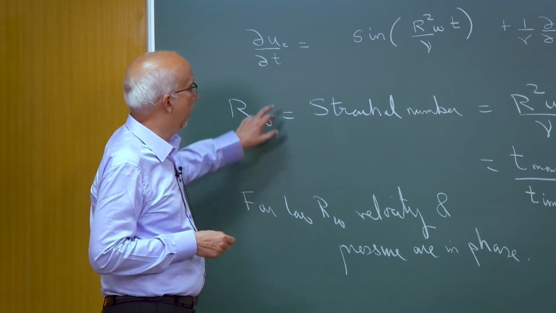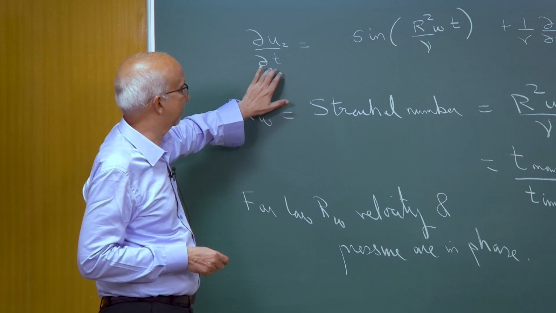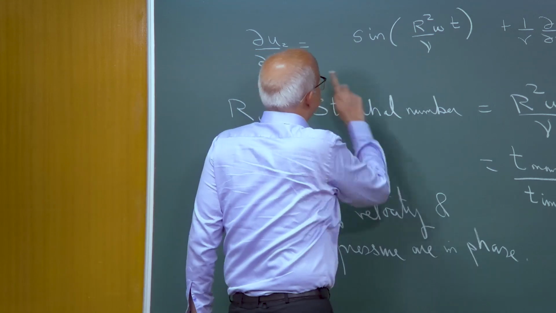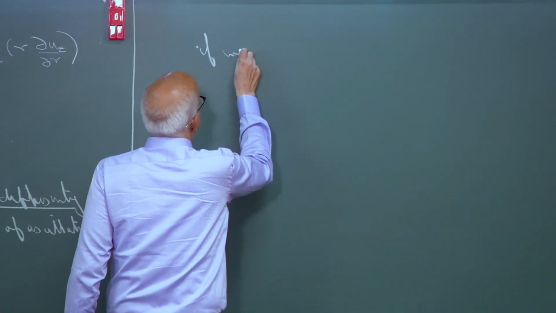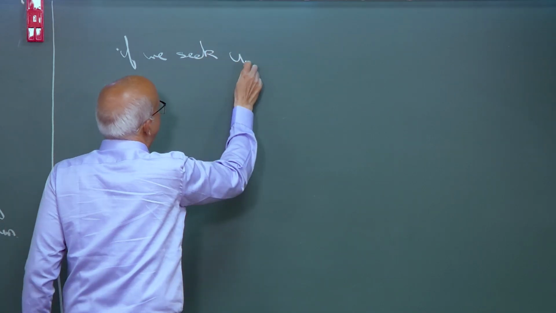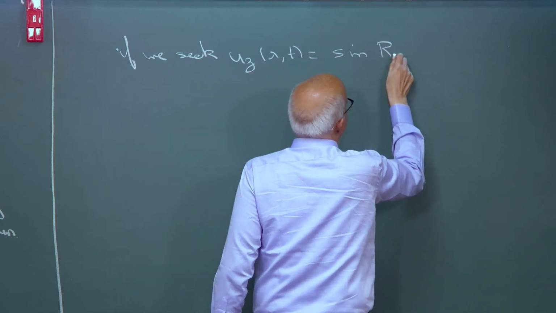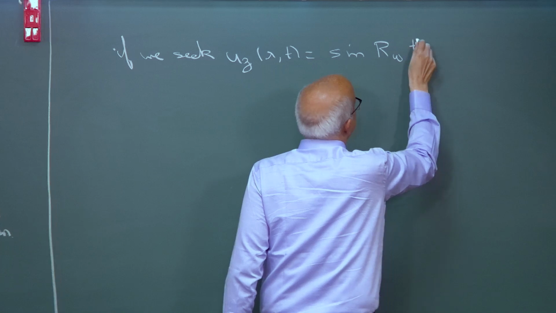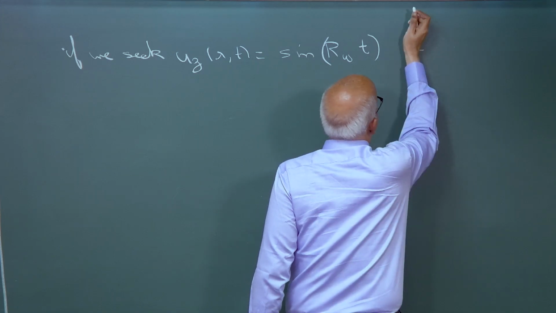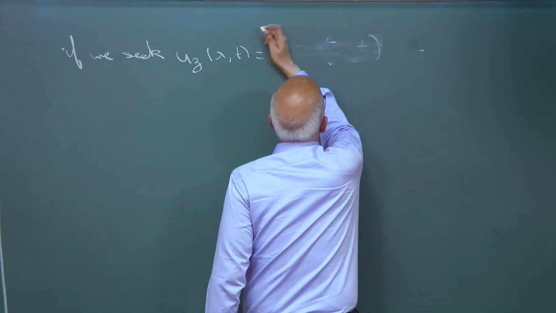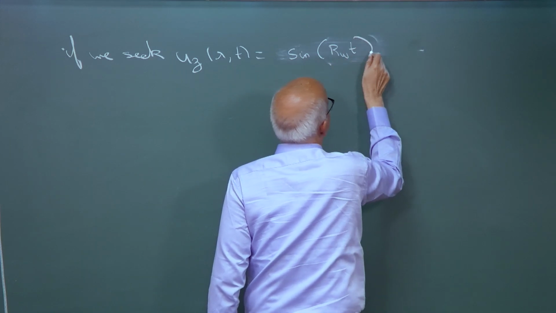Okay, now let us proceed to solve this problem, which is again a dimensionless equation. The way I have written it is dimensionless, okay, and all these variables we use are all dimensionless. So, if we seek uz of r comma t as sin Rw t, sorry, sin Rw t multiplied by h of r.